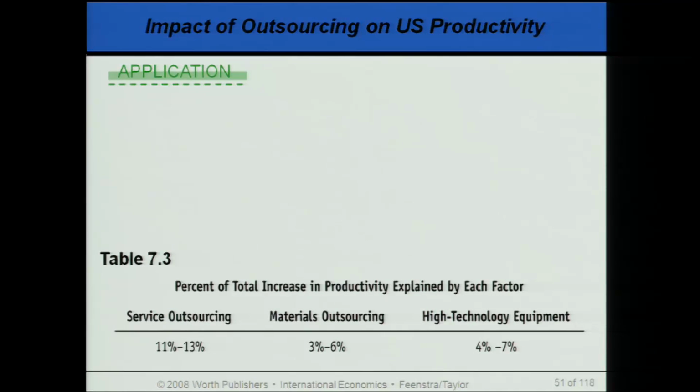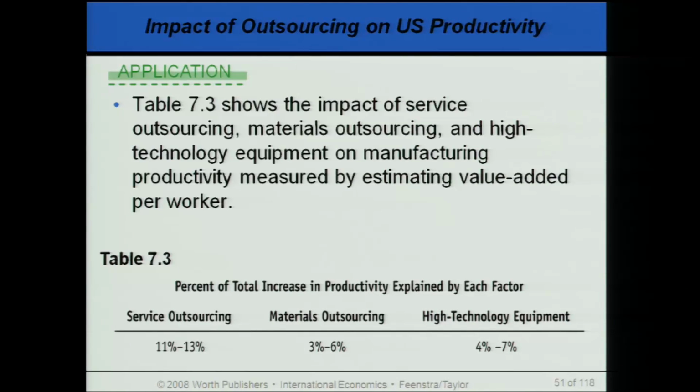So, one can see from here that if the developed nation indulges in service outsourcing, they have a maximum gain. The total increase in productivity is greater than with material outsourcing and high technology equipment.